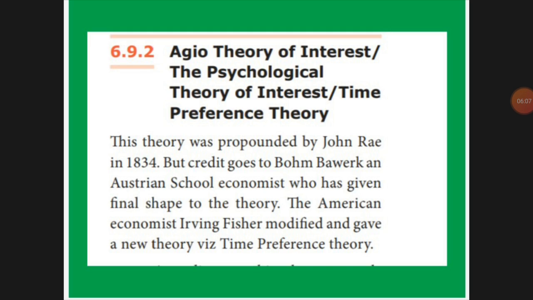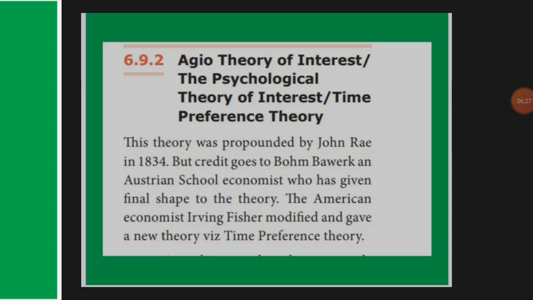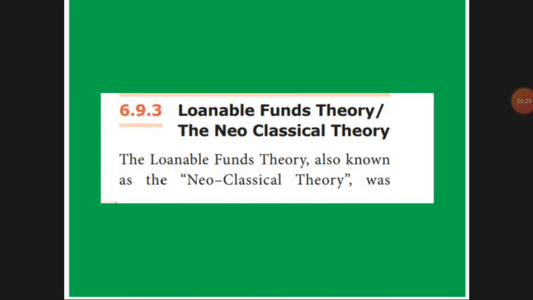That reward can be paid as an agio or a premium. That premium is called interest. So there is a risk, whatever the present world, anything can happen in the future. It cannot be predicted. So next the theory will come: the Loanable Fund theory.